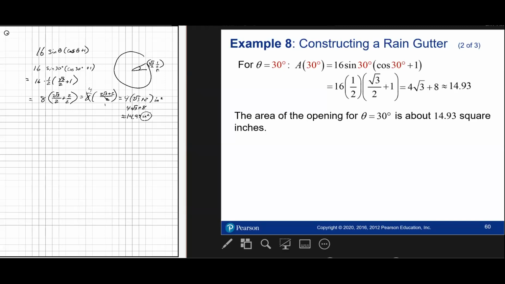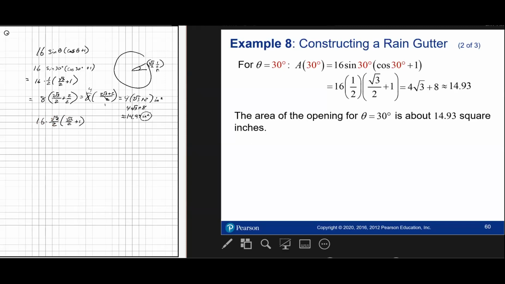All right, now for what they want, 45 degrees, we're going to do the same thing. The sine of 45 is the square root of 2 over 2. The cosine of 45 degrees is the exact same number, square root of 2 over 2, and then we're going to add 1. And it's being multiplied by 16 out here.